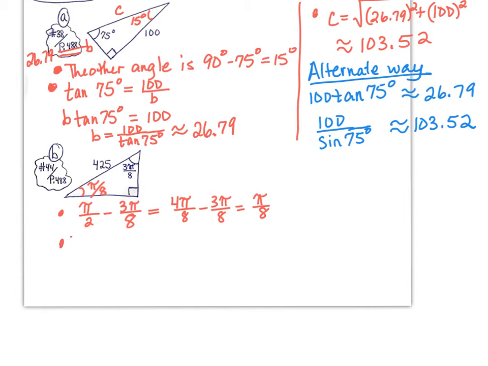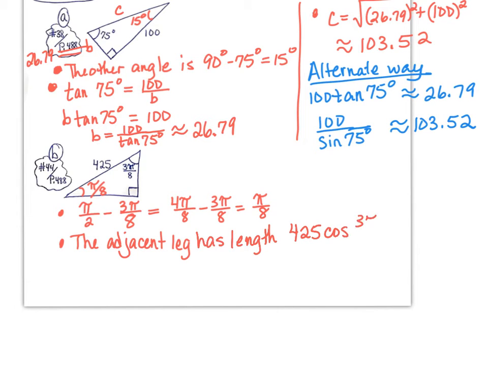So the adjacent leg has length 425 times cosine of 3 pi over 8, which is approximately, as you said, 162.64. Now remember, where would that come from?